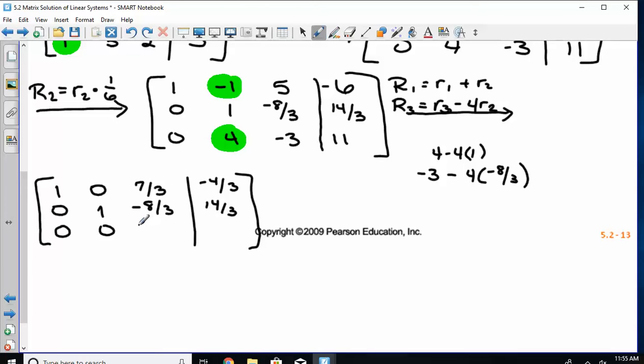Negative 23 over 3. 11 minus 4 times 14/3. Negative 23 over 3.